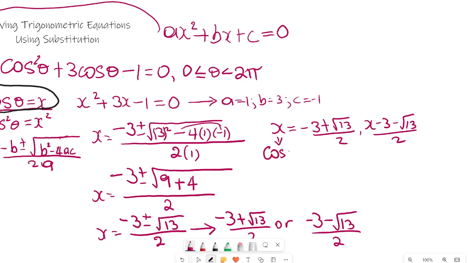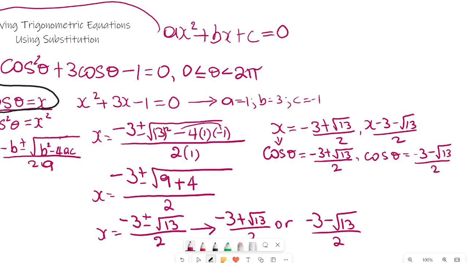So cosine theta is equal to negative 3 plus root 13 divided by 2. And likewise here, cosine theta is negative 3 minus root 13 divided by 2.